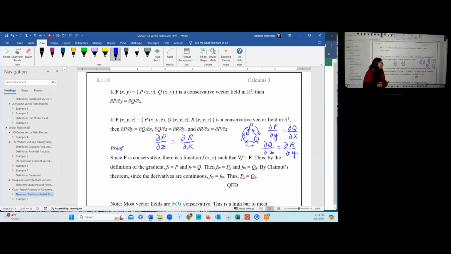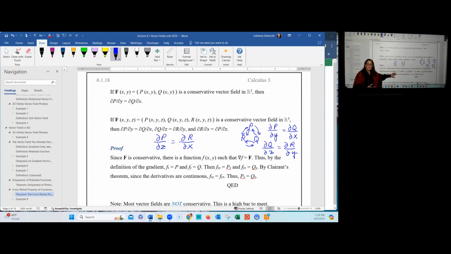The proof in the two-dimensional case is assuming that the vector field is conservative, we know there has to be a potential function, lowercase f, such that the gradient of f is equal to the vector field.